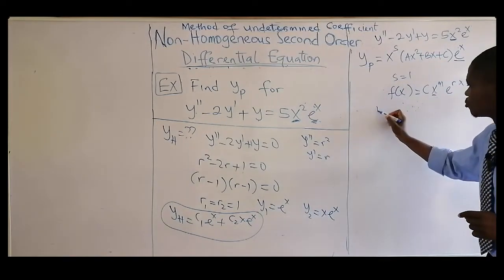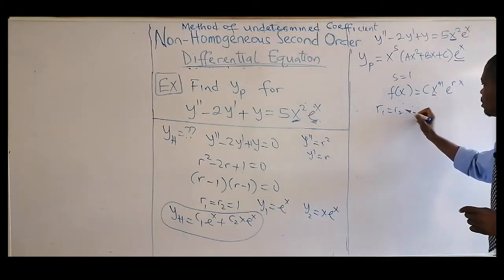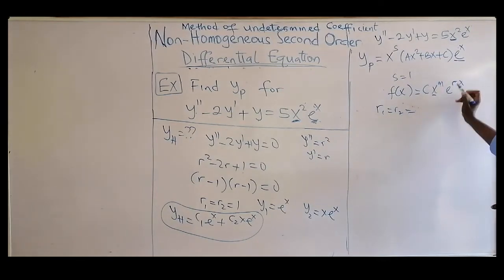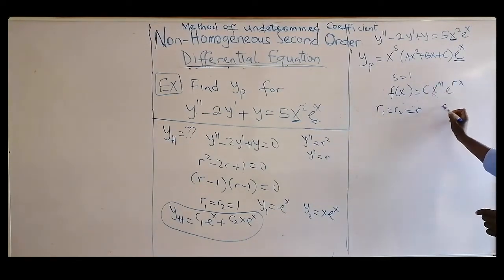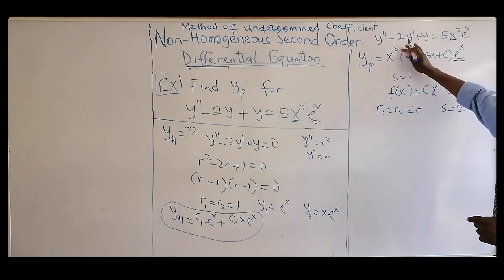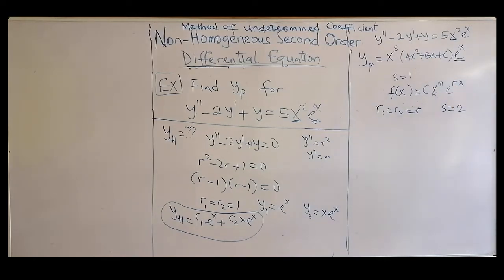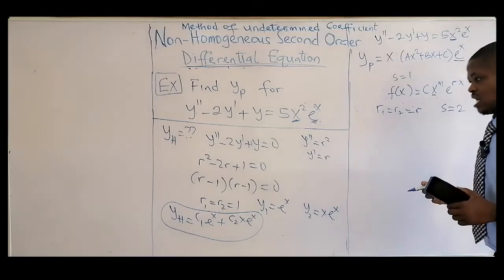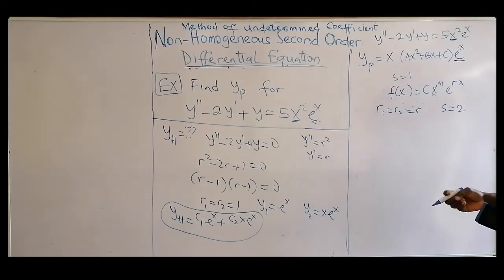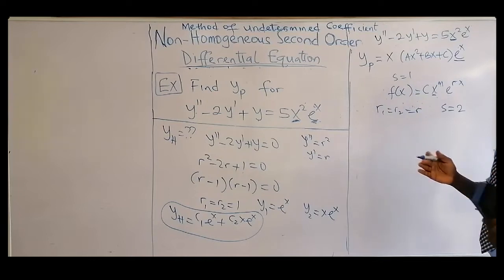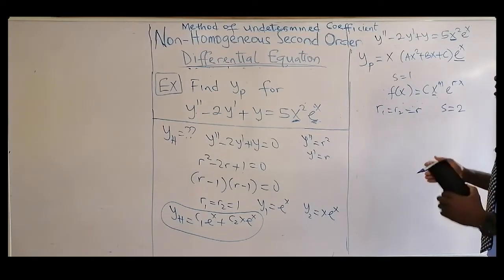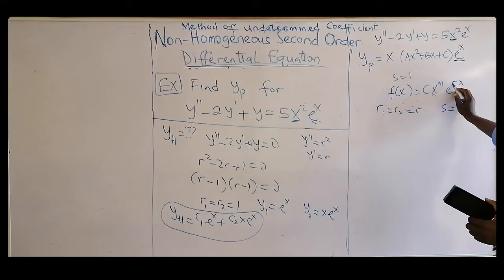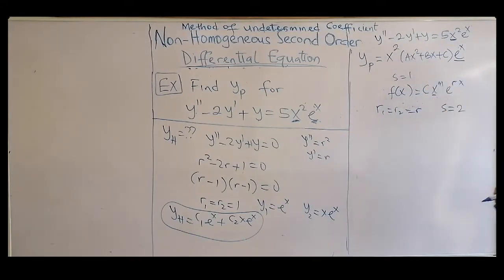But if the two roots r1, r2 are both equal to this r, then your x is equal to 2. Is that clear now? So here this will be power 2, because the two roots of the auxiliary equation are equal to each other, and both equal to the r here. So x is 2. So that's the yp.